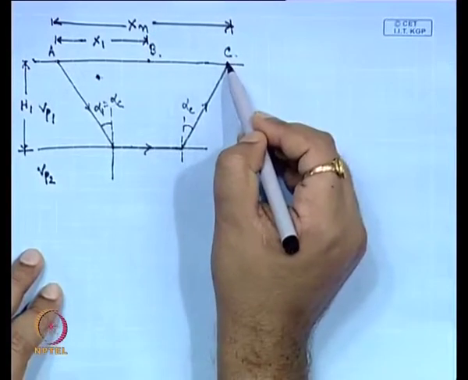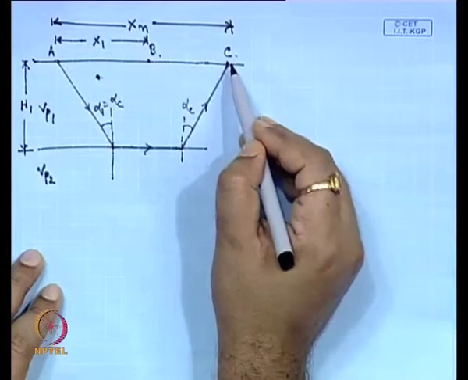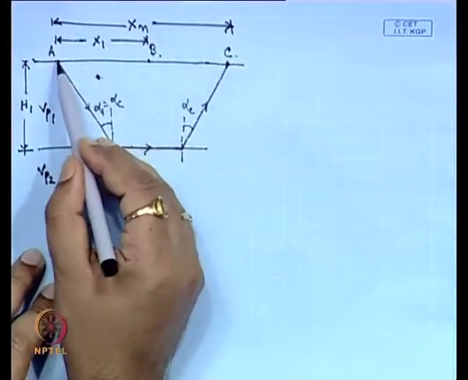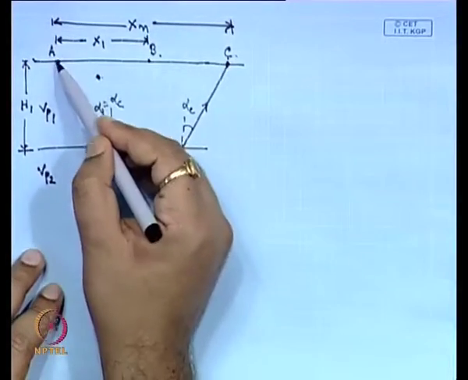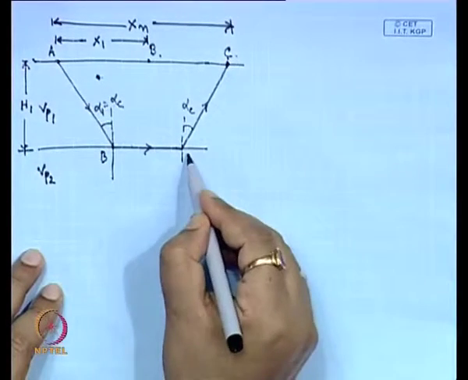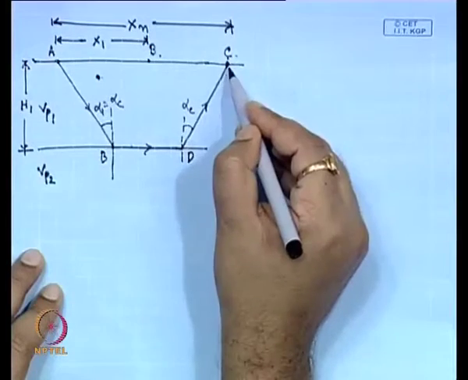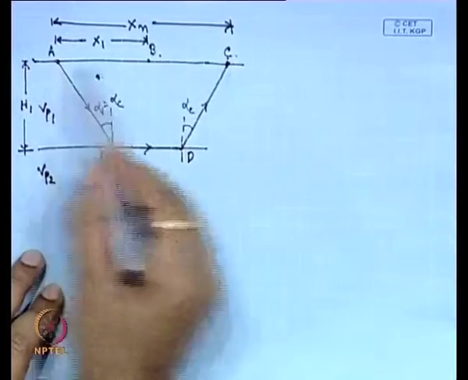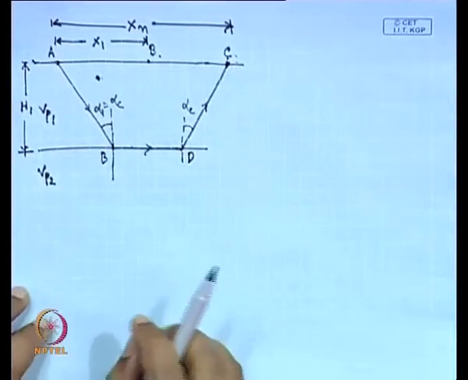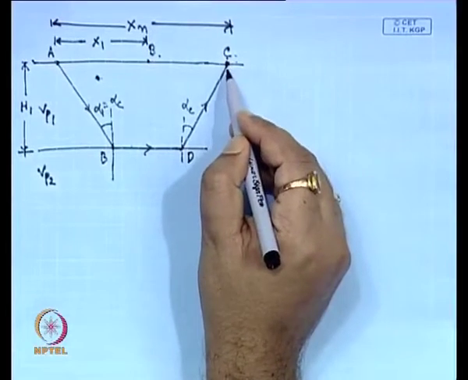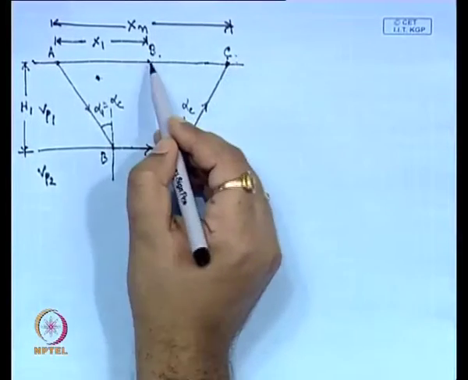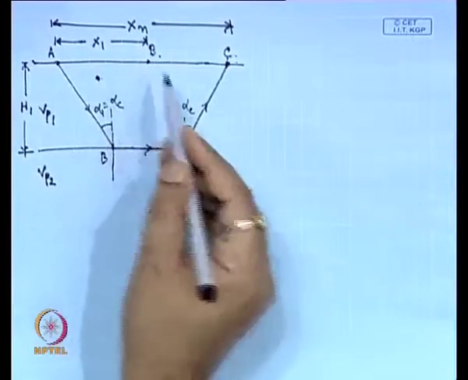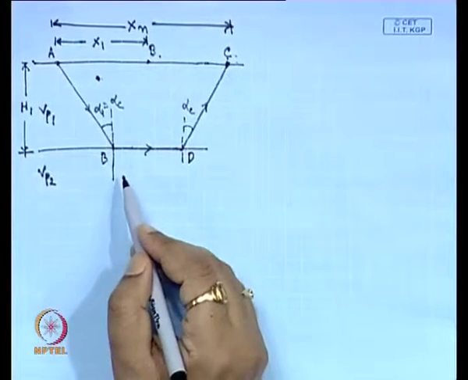So, now if x n is the critical distance, that means at the C point both the rays, the direct ray from A to C and the refracted ray from A, B, then D to C, will be received by the geophone or receiver at C at the same time. But at the B point, the direct ray will be received first, before this refracted ray.